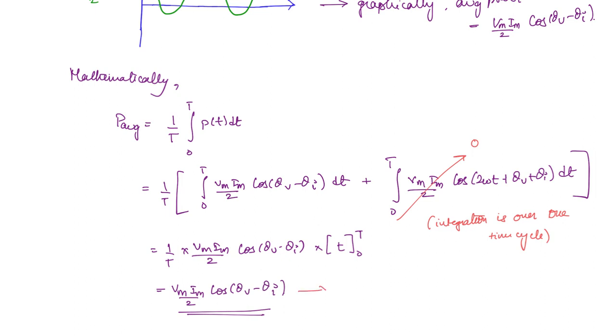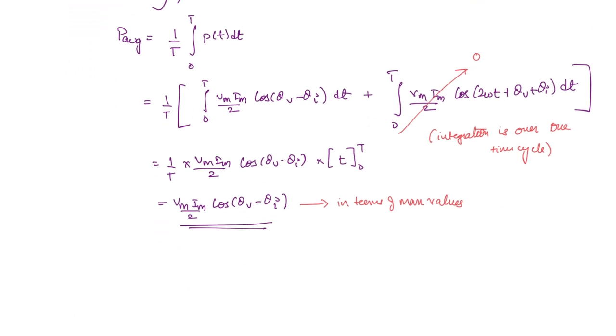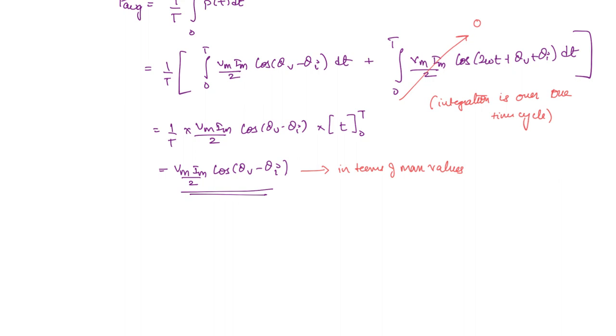Now here it is in terms of the maximum values, right? Vm and Im. You can write it in terms of the RMS values as well. So you can write this as Vm by root 2 into Im by root 2 cos(theta v minus theta I).